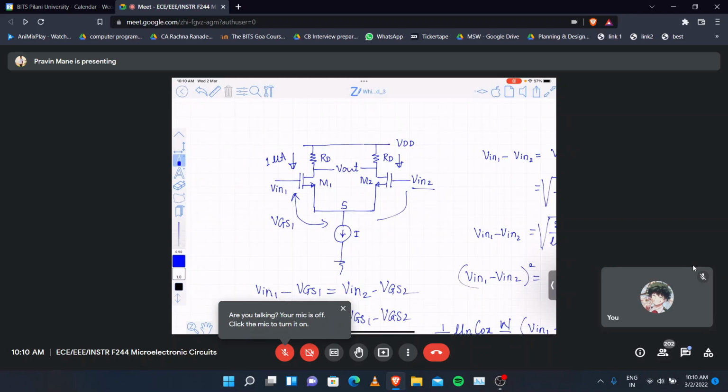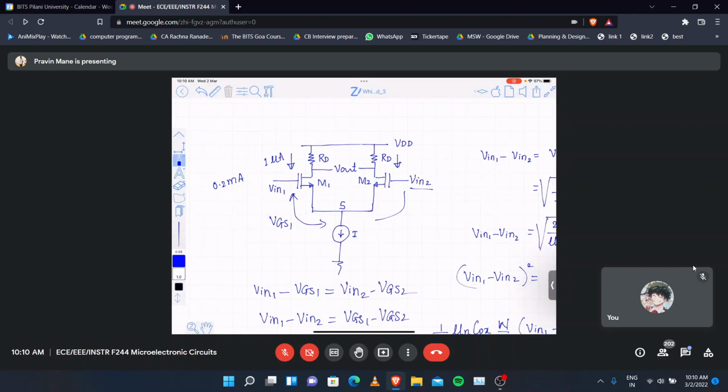Suppose initially the current with only VCM is, say, 0.2 milliampere. What will happen if it is increasing by 1 microampere here? Here it is 2.2 milliampere, and there minus 1 microampere, whatever the current.